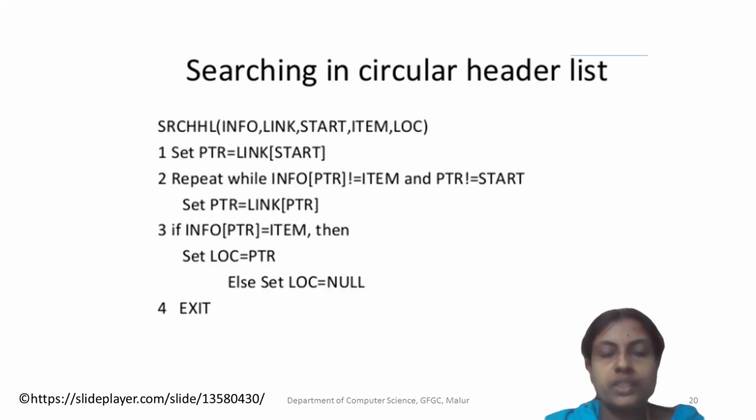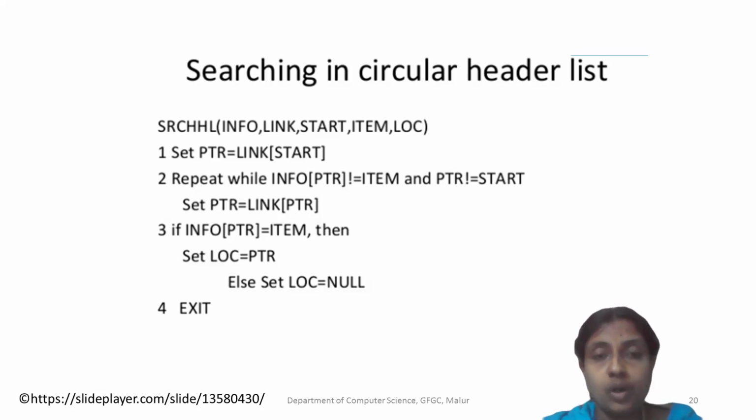To search, once again in the same way, we introduce a new variable, PTR, equal to the first node's address, and then repeat the process. We need to search for a particular item. First we take the first node's data and check whether it is the same as the item. If it is, we say the item is found at this particular location and stop, completing the program.